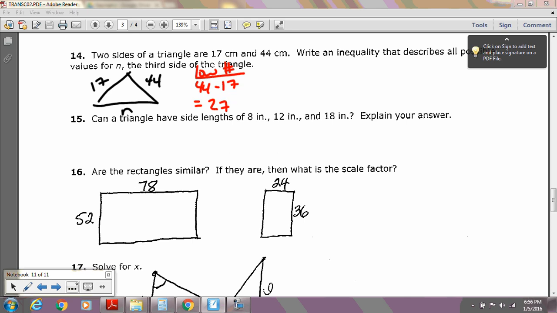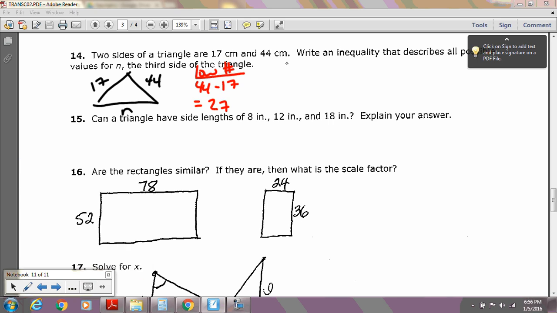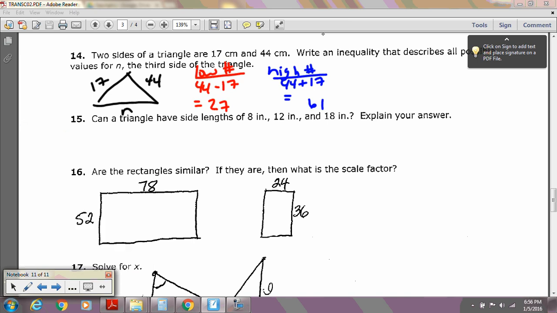To find the high number in the boundary, you take the two numbers, 44 and 17, and you add them. So that would give you 61. So to write the inequality, we simply put those two numbers we just figured out on the edges. So 27 less than n less than 61.